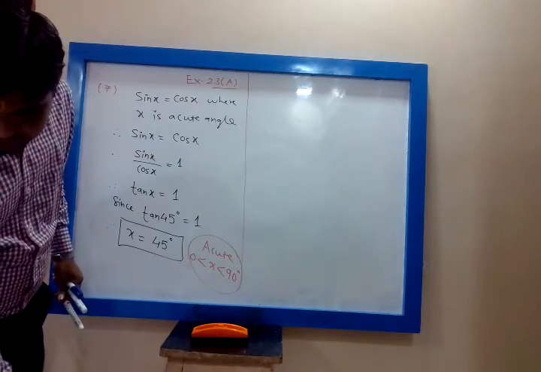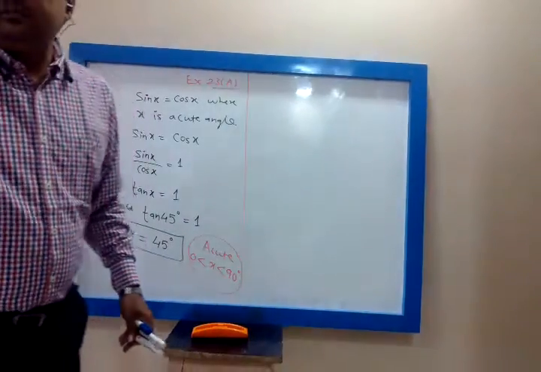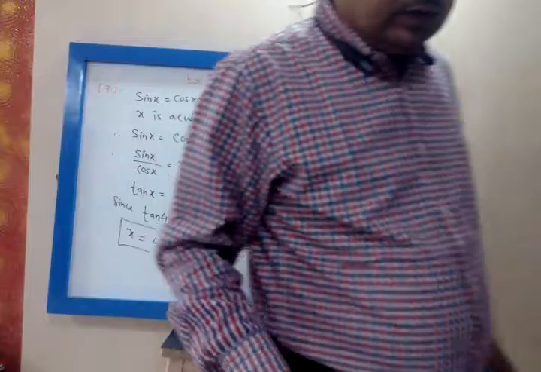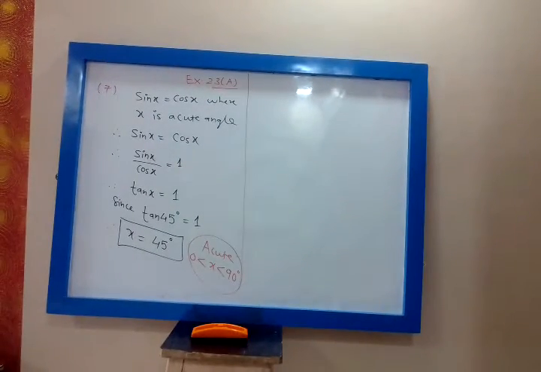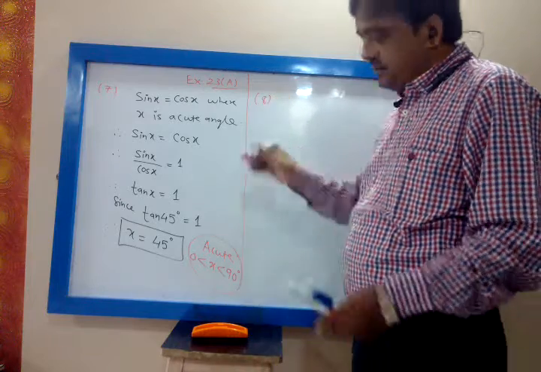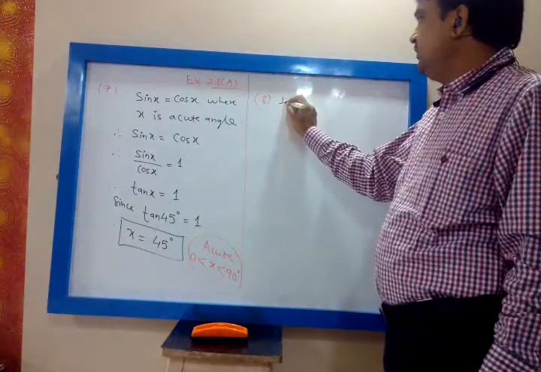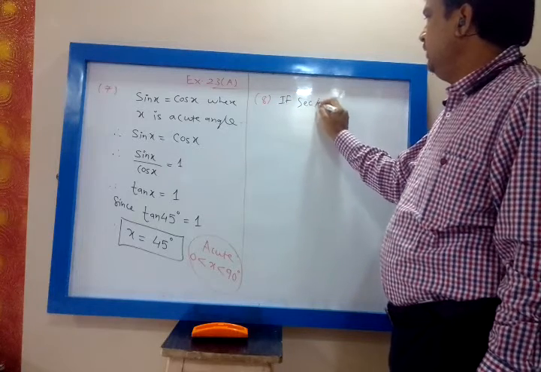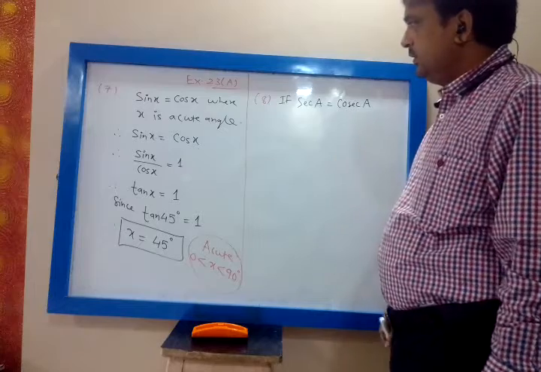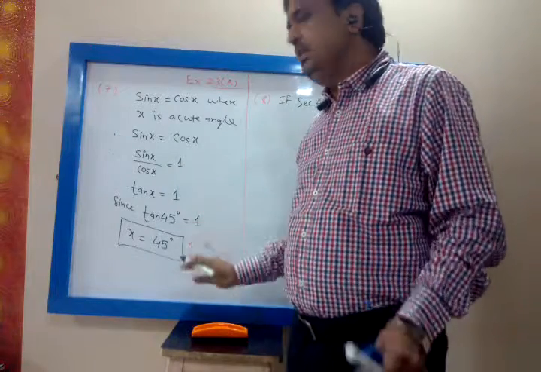Chalo. Next one, 8th question. If sec A is equal to cosec A, write it down for your reference. If you know, then no need to write.